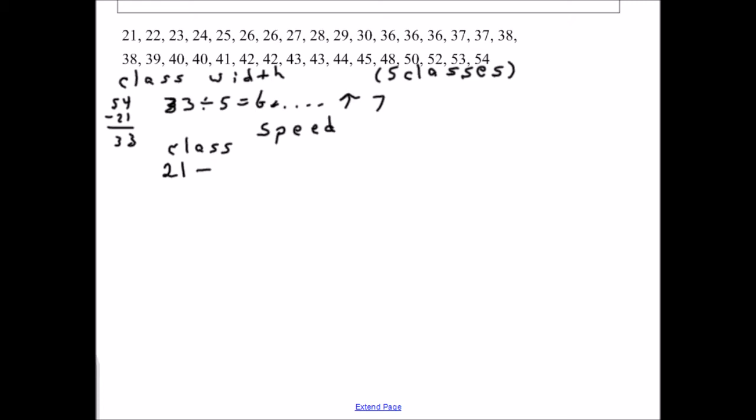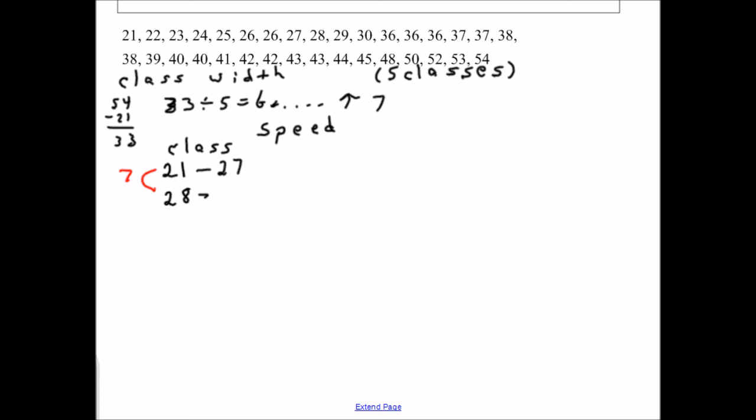To use the class width of 7, you do your 21 plus 7 to get your 28, which is the beginning of the next class. This is 27. The 7 is used there. So make sure you're using that width in the right place.